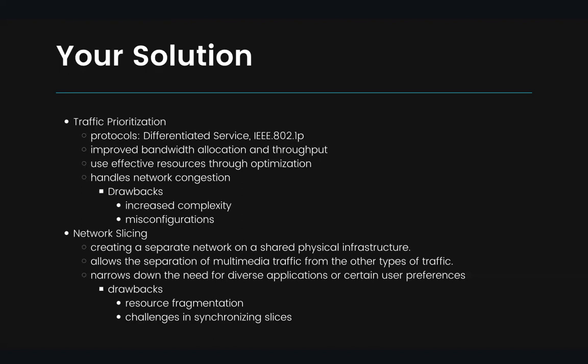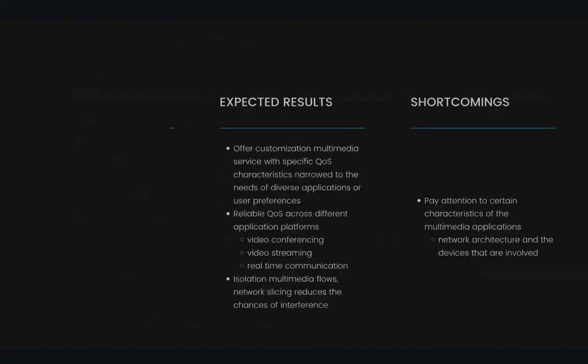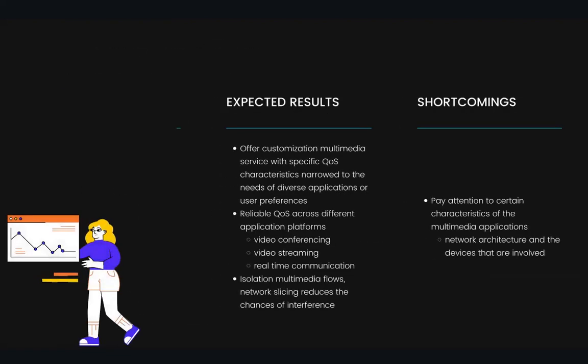Some of the expected results of the service are that service providers can offer customized multimedia services with specific quality of service characteristics tailored to the needs of diverse applications or user preferences, which provides reliable quality of service across different application platforms. Such as video conferencing and real-time communication can coexist within the same network infrastructure, each benefiting from dedicated resources and quality of service guarantees.